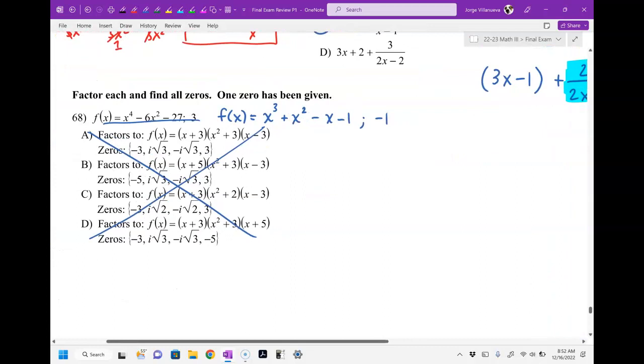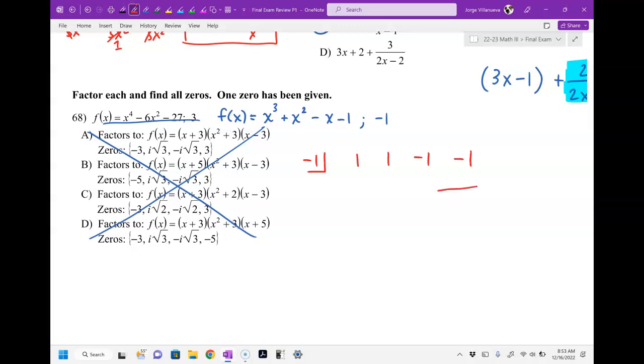All right, for number 68, I had you rewrite it, and I said, look, here's the new function I want you to do with the answer of negative 1. So we're going to do this synthetically, okay? So negative 1, and then your terms on the inside are 1, 1, negative 1, and negative 1.